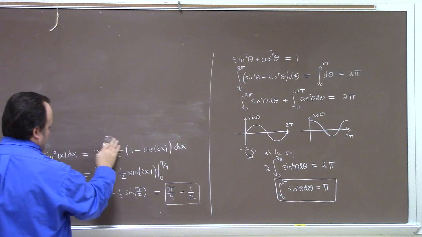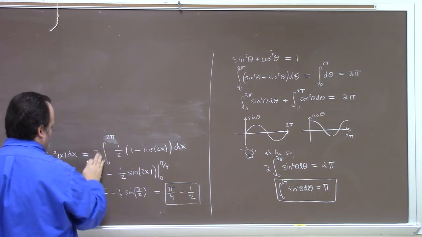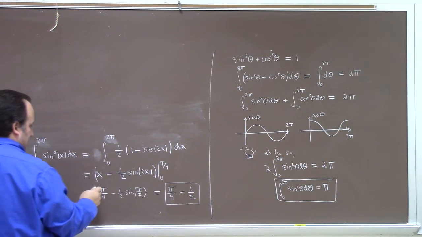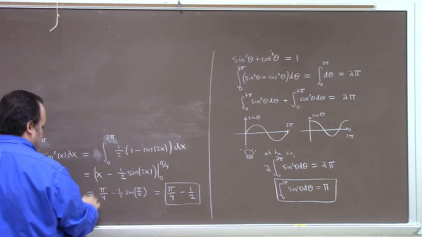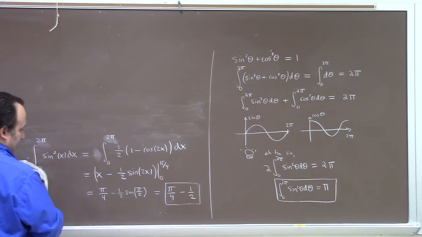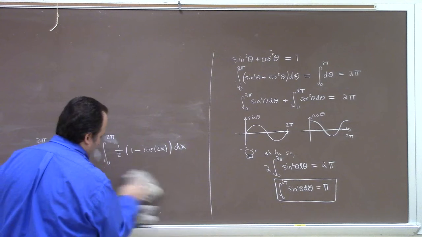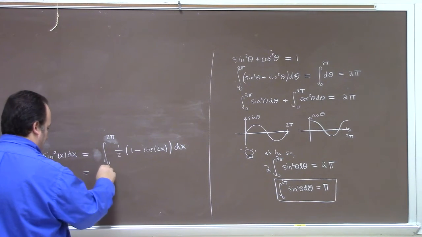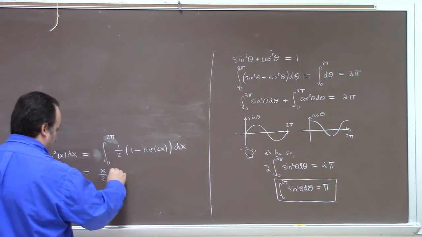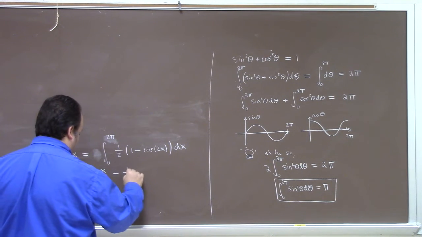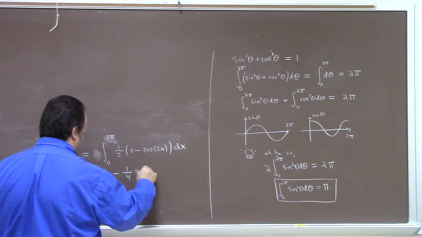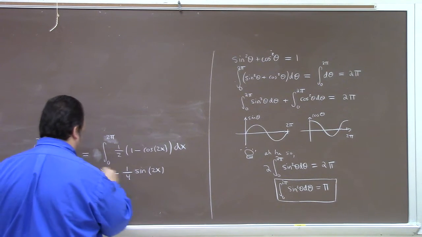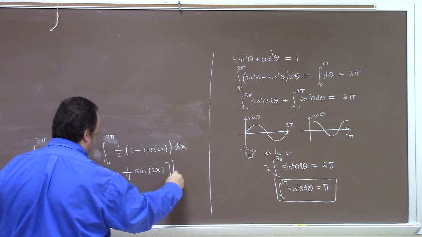Pretty much everything here stays the same, except I've got to divide by 2, right? So I've got x over 2 minus 1/4 sine of 2x, evaluated from 0 to 2 pi.